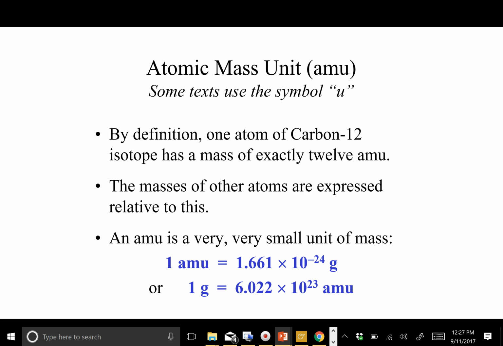Some of you might recognize that's Avogadro's number. 1 gram, and again, it's approximate, is approximately equal to 6.022 times 10 to the 23rd AMUs. So if I am going to memorize something, that's what I'm going to memorize. And that's not an accident. It all comes down to the definition of a mole.